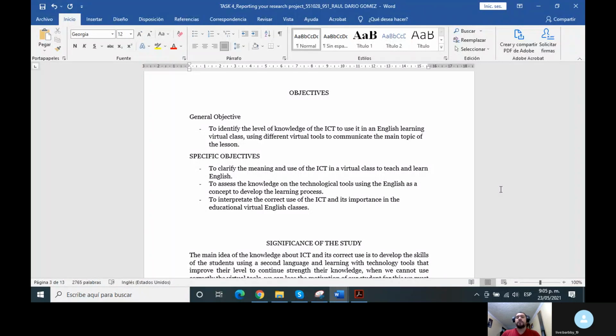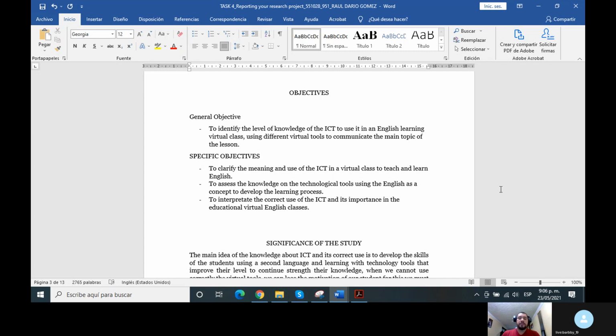Here are the objectives. I want to start with the objectives and after go to the main point of this activity. The general objective is to identify the level of knowledge of the ICT to use it in an English learning virtual class, using different virtual tools to communicate the main topic of the lesson.